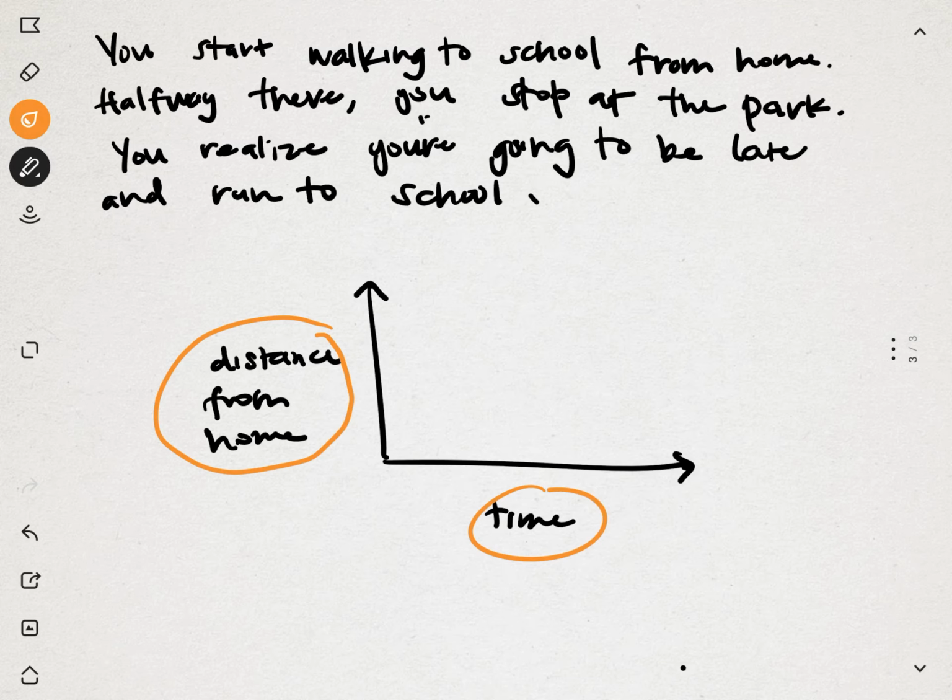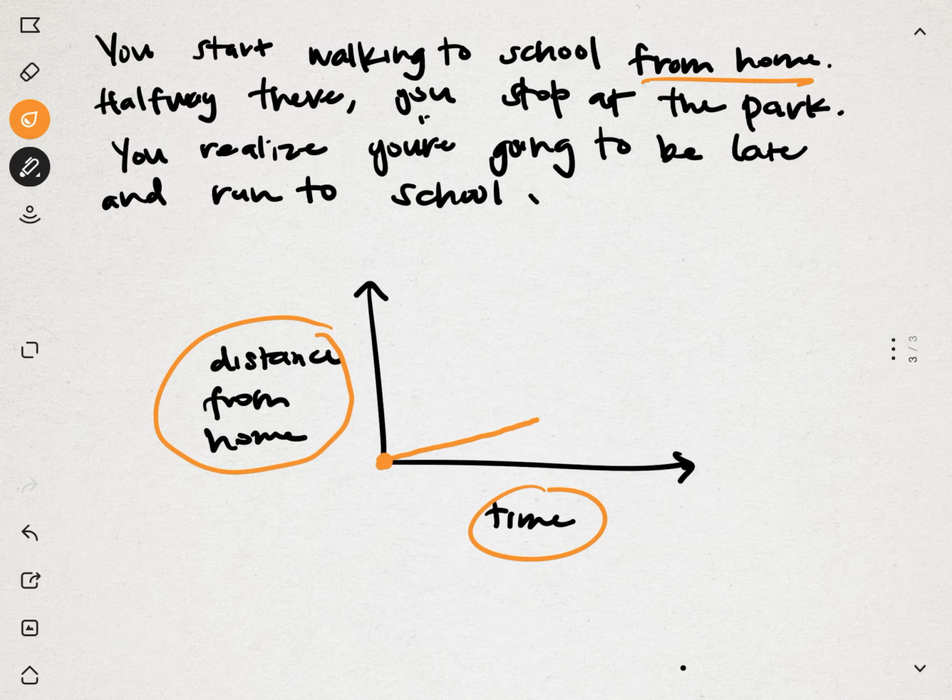It says you start from home. That means our distance from home is 0, because we're not away from home, we're at home. It says we start walking, so we're walking pretty slow.